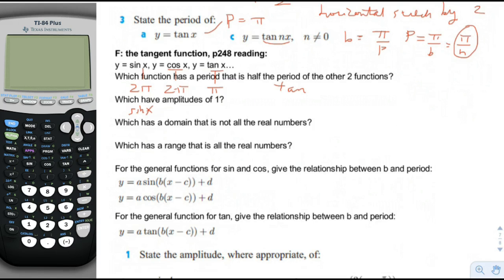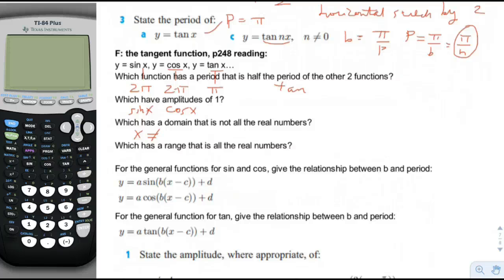And remember that tangent amplitude is from -infinity to infinity. The word amplitude doesn't really apply to the tangent. Although it does have an A factor, the A factor stretches it, but the range of tangent goes from -infinity to infinity. Which has a domain that is not all the real numbers? That would be tangent, because if the domain is not all real numbers, that means that x does not have valid values for some numbers, which is called an asymptote, right?